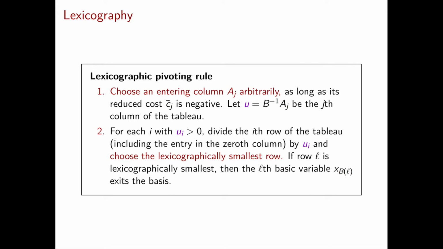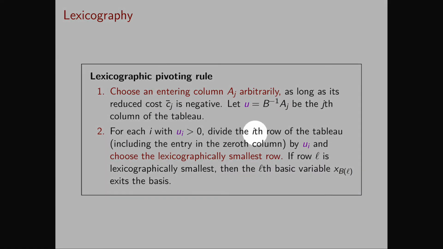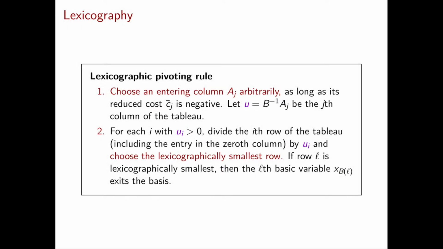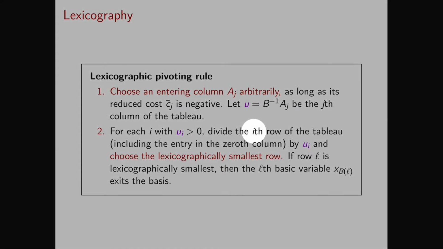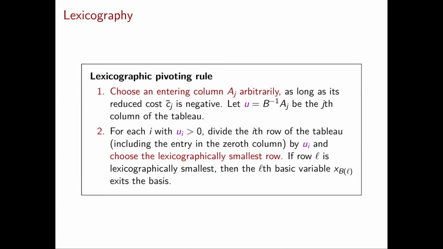In fact, earlier on, to decide theta star, we were already considering all the i's with u_i positive. But instead of dividing the whole ith row of the tableau by u_i, we were only dividing the entry of the ith row in the zeroth column by u_i.